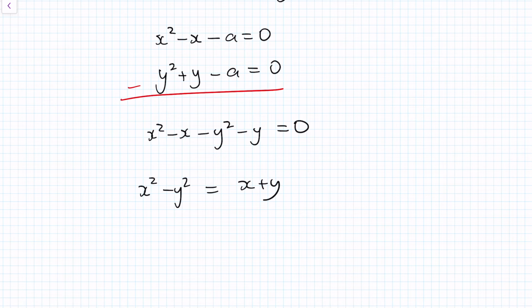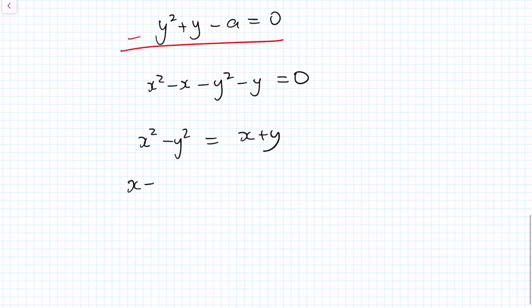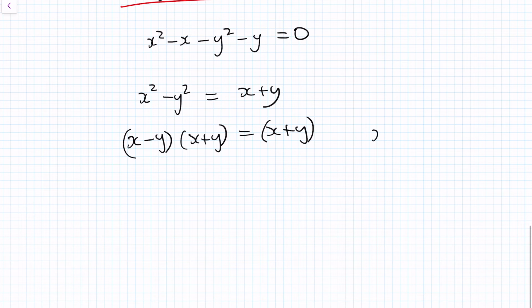If we move x and y to the other side, right? Using difference of squares, we have x minus y times x plus y is equal to x plus y. Now, assuming x plus y is not 0, we divide both sides by x plus y.